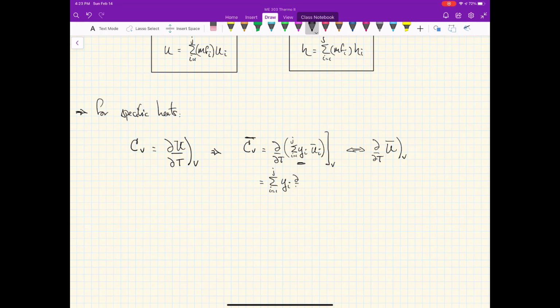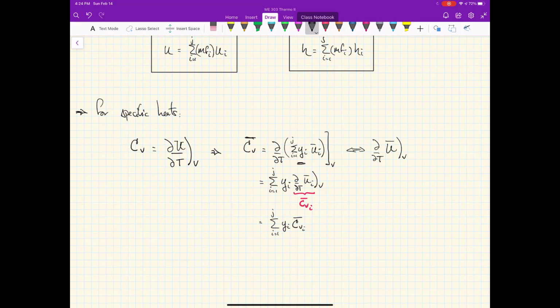And of course, we recognize here that that is itself the specific heat at constant volume of constituent i, which simplifies the result a little bit more to the sum over each mole fraction times the specific heat at constant volume for each of the components.